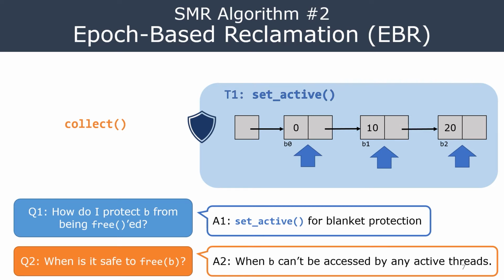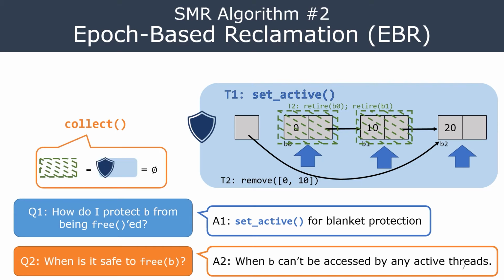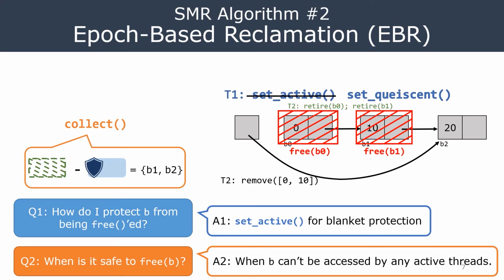If it is, then it should not be freed. So, in this example from the previous slide, both B0 and B1 won't be freed. Then, if T1 exits the active state with the setQuiescent function, there's no active thread referencing B0 and B1, and therefore B0 and B1 can be freed.